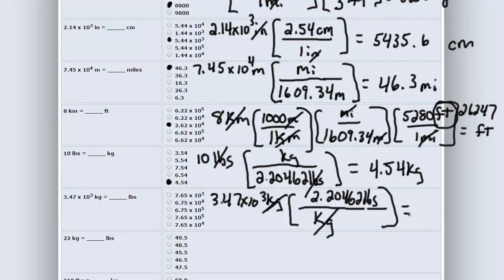So 3.47, and that's going to be to the third power, multiplied by 2.20462, and I get 7650 pounds. And that's going to be 7.6 times 10 to the third pounds.